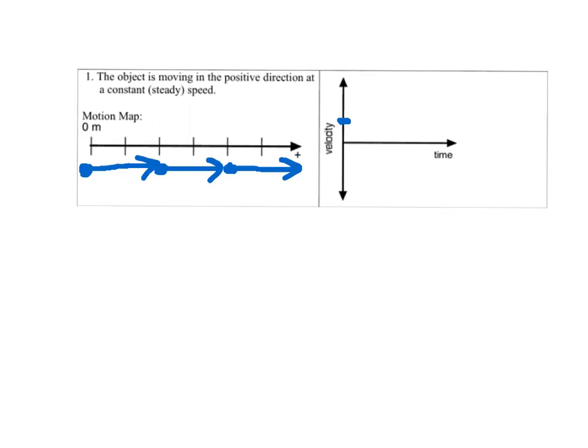Well, if I say this is 1 meter per second, 2 meters per second would be right here, and I would represent that by a horizontal line, because the speed's not getting any faster, the speed's not getting any slower, it's staying at a constant 2 meters per second. And that's how I would graph a velocity versus time graph.